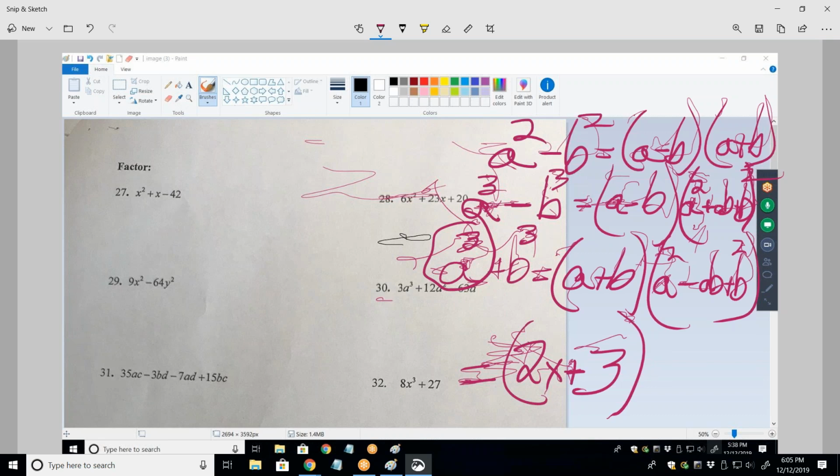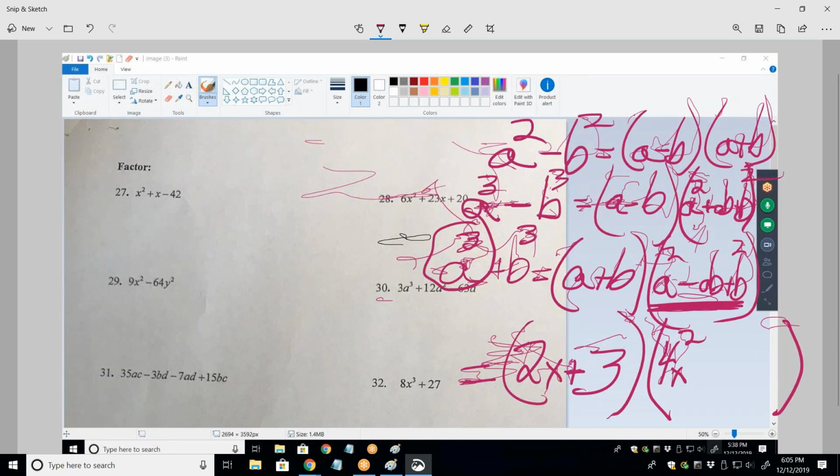Okay? So we got the first term, correct? What's the second term? We got to reproduce that. What's a squared? First of all, what's a? A is 2x. So what's a squared? 4x squared.